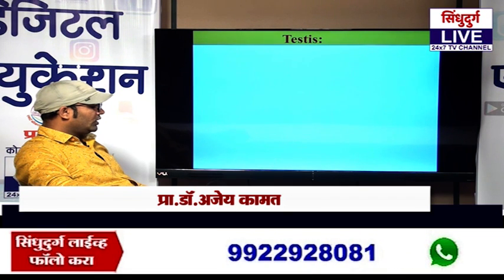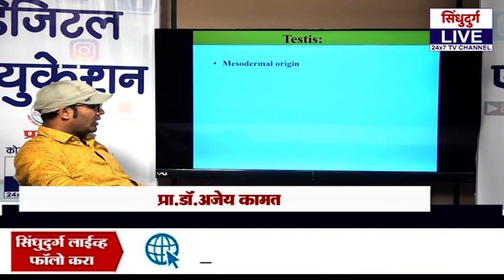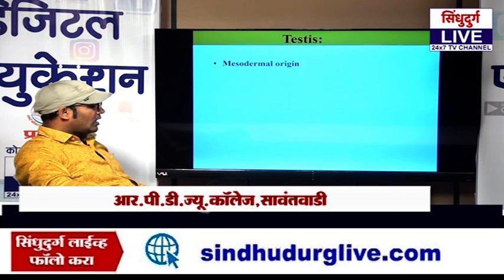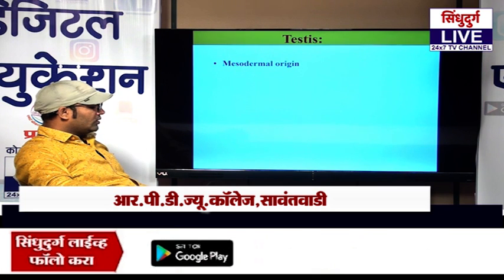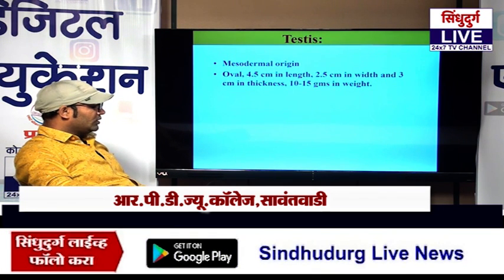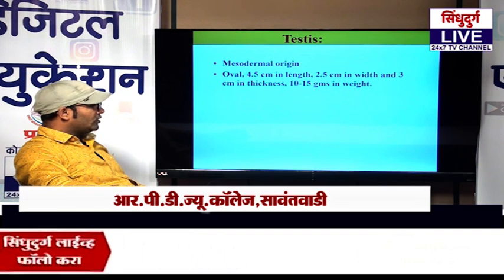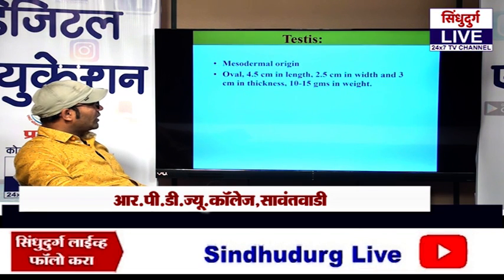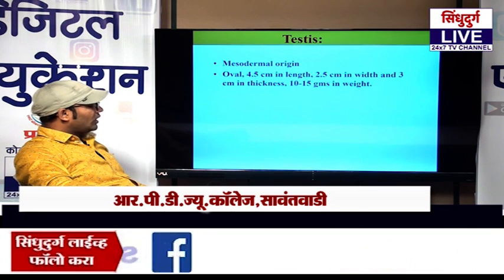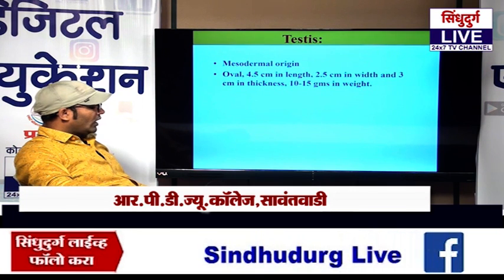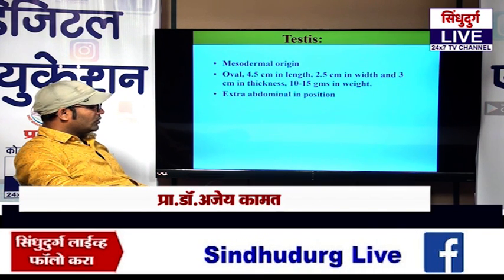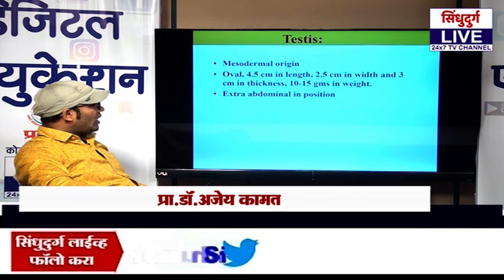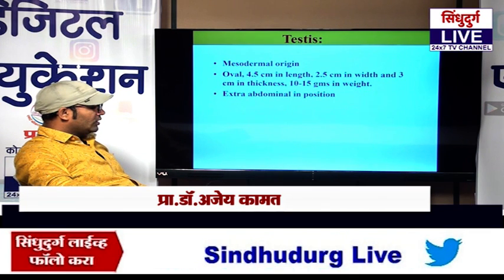Now let us see about the testes. Testes are mesodermal in origin, and the size of the testis ranges from 4 to 5 centimeters in length, 2.5 centimeters in width, and 3 centimeters in thickness, and it weighs about 10 to 15 grams. They are oval in structure and extra-abdominal in position.